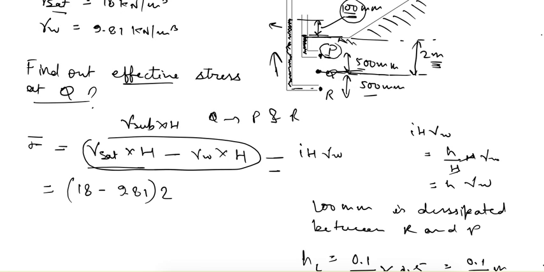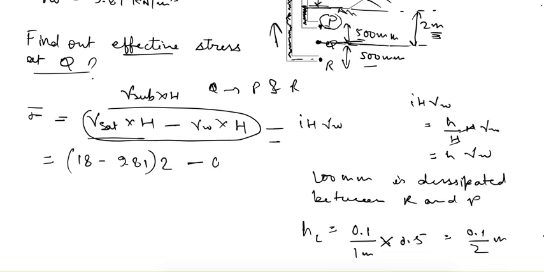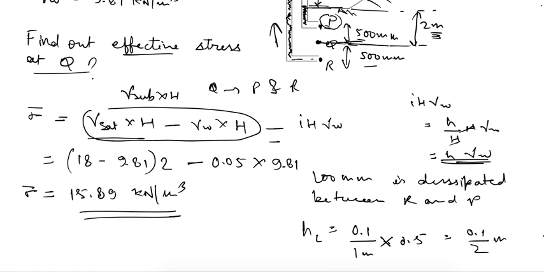We need not write total stress minus pore water pressure, and minus i H gamma W, we can write it as 0.05 times gamma W, which is 9.81. I have replaced it with h gamma W. Solving this, effective stress comes out to be 15.89 kilonewton per meter cube. So that is the answer.